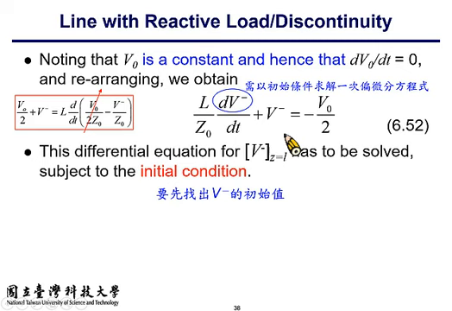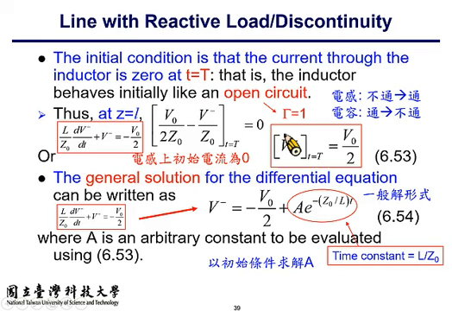minus looks like. Of course you can guess that it should be a time dependent function, a function related to time. So the initial condition is that the current through the inductor is 0 at the time instance t equals capital T. That is the very moment that the V plus signal reaches the inductor.